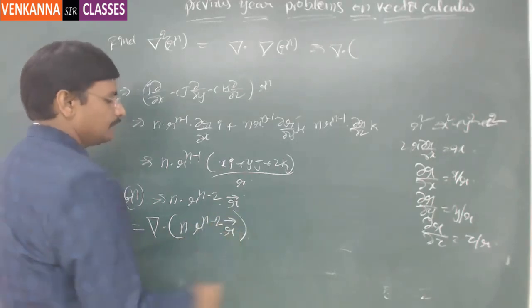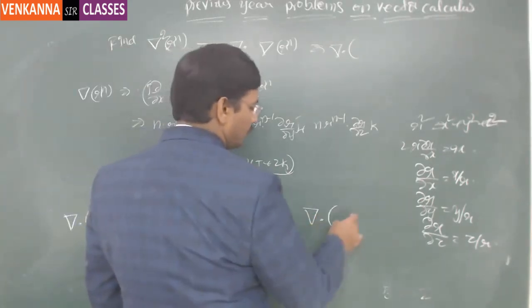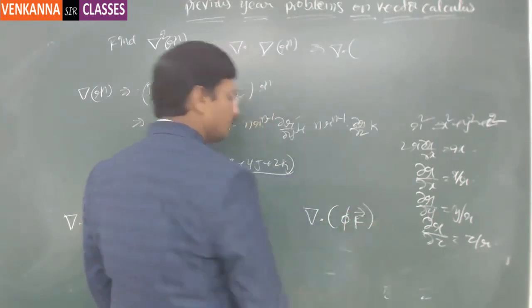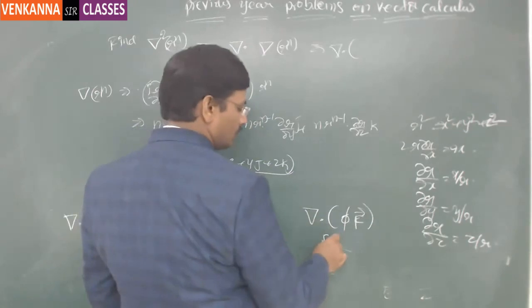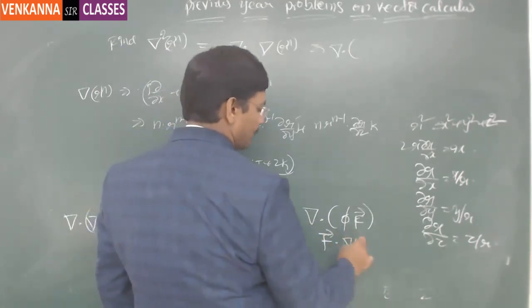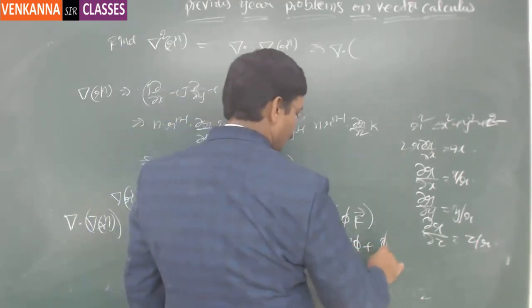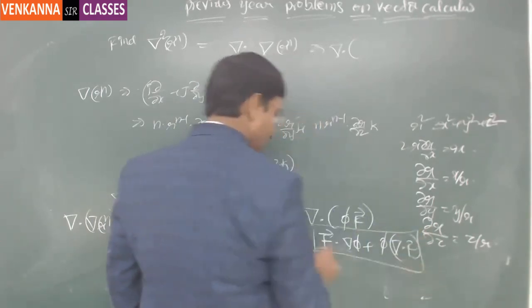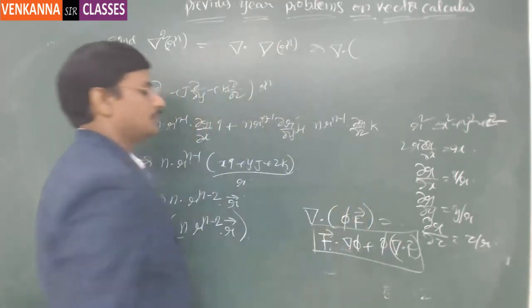Now this is as if like del dot operated on a scalar getting multiplied by a vector. Now if you want to operate this way, this is going to be f dot del phi plus phi into del dot f. So this is the resultant if you do this operation, right?